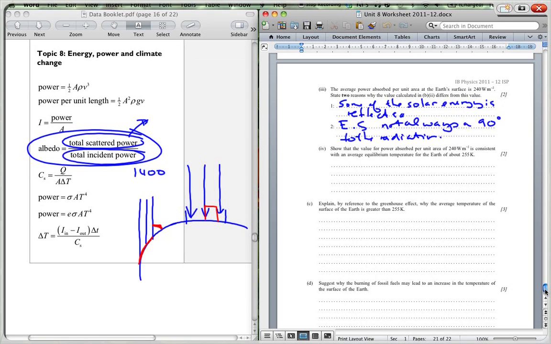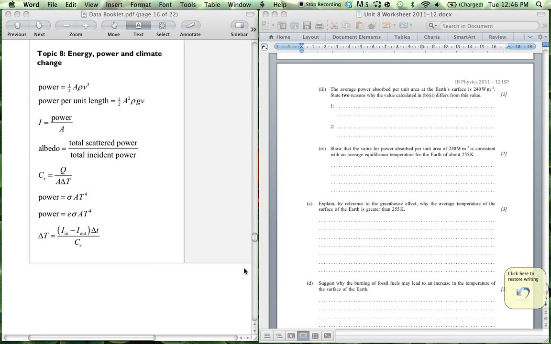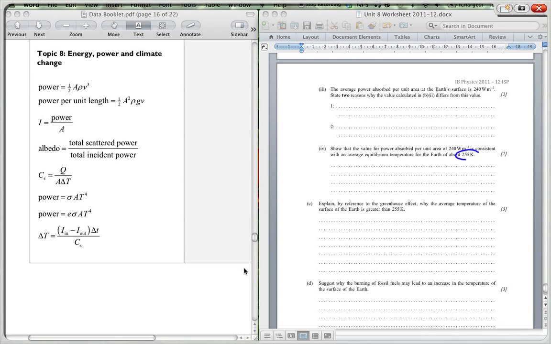Now, show that the value for power absorbed per unit area of 240 watts per meter squared is consistent with an average equilibrium temperature for the Earth of about 255 Kelvin. So it talks about an average equilibrium temperature. That means your energy coming in equals your energy going out.